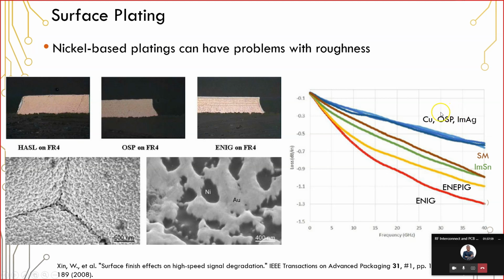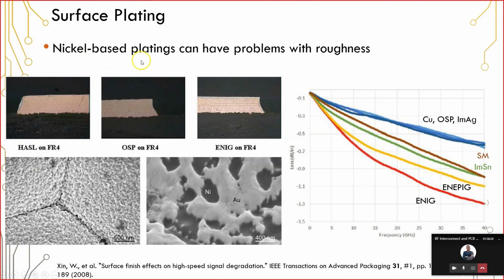So if you're going to use OSP, you need to use it quickly because that will eventually degrade, and then you won't have a surface that is so easy to solder to. And those two surface platings have roughness or incur losses that are comparable to the bare copper. So what that means is that these two materials do not make the copper more rough during the plating process.